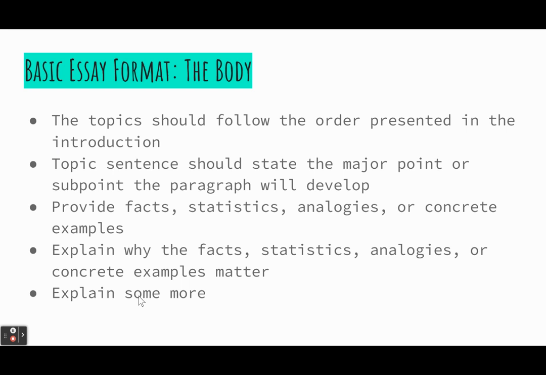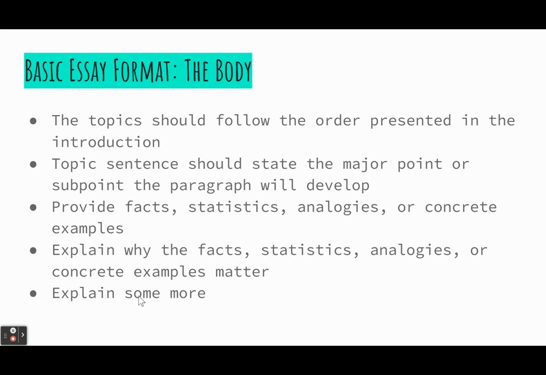Remember that the body, and this should be review, topics follow the order presented in the introduction. The topic sentence should state the major point or subpoint the paragraph is going to develop. There should be some facts, some stats, some analogies, some concrete examples, some data. Not a repetition of the topic sentence, not a repetition of claims.